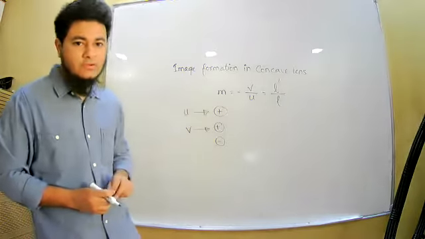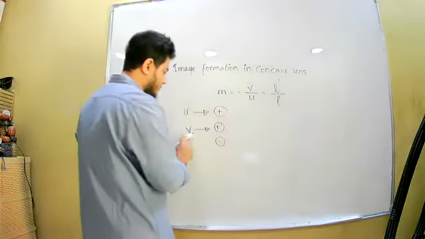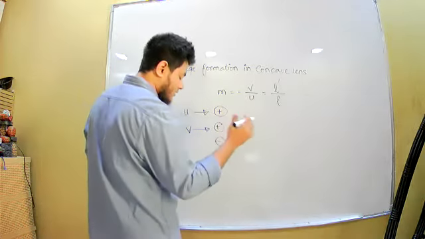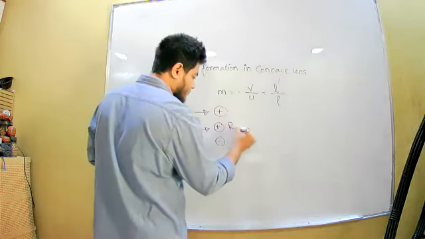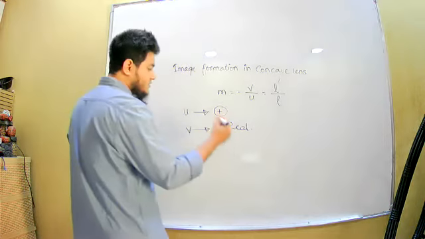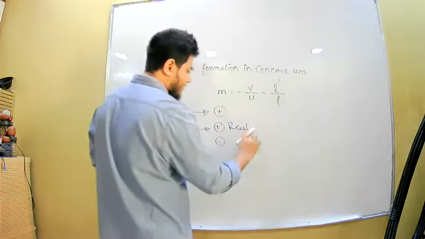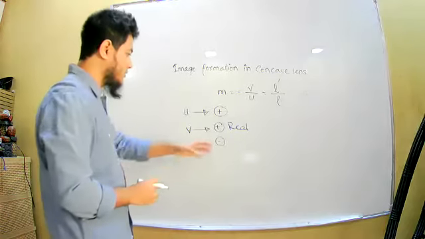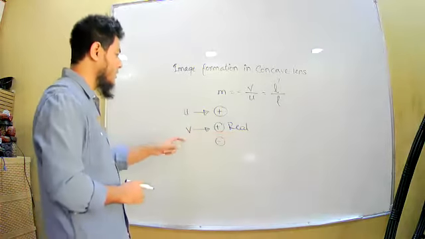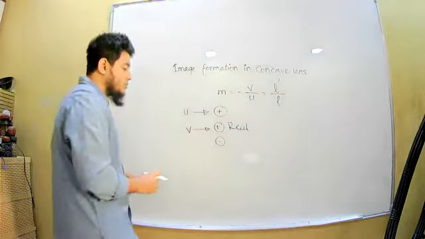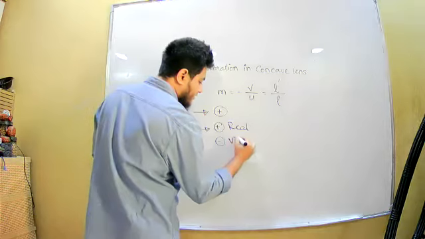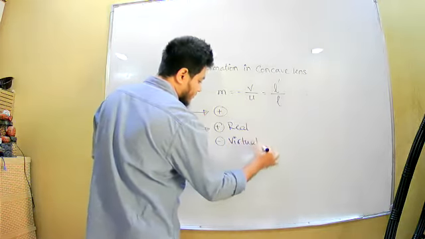That will be the case here also. If it is real, then definitely it will be inverted, but that's not the parameter we will consider here. So V will be considered negative when the image is virtual.